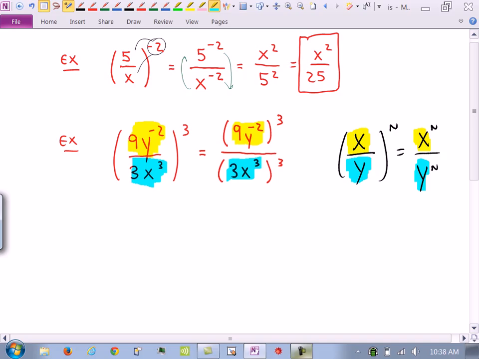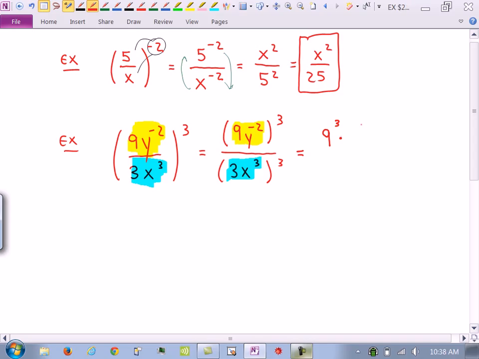We apply the power to each one, right? So I'm going to do 9 to the third times y to the negative 2 to the third. So all I did was grab the 3 and apply it to the 9 and to the y to the negative 2. So I'm using my product to power property on top.